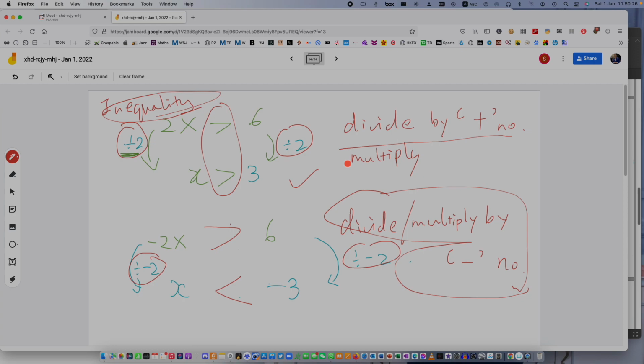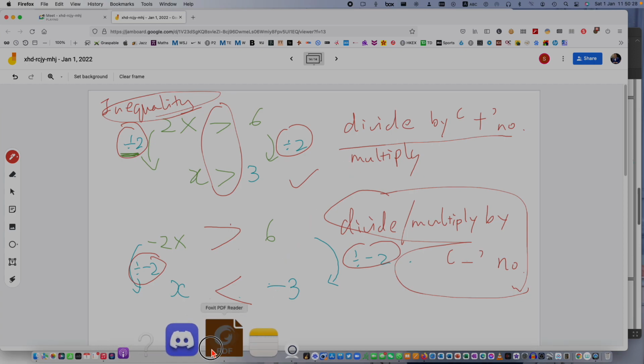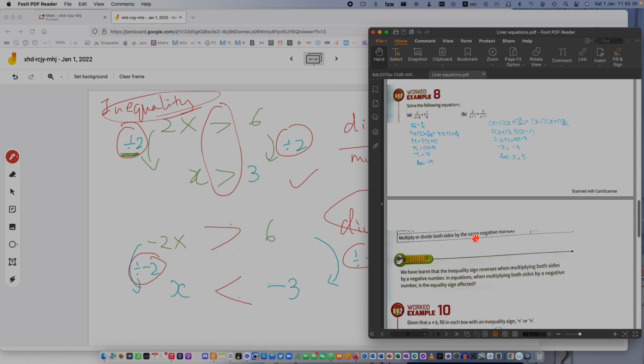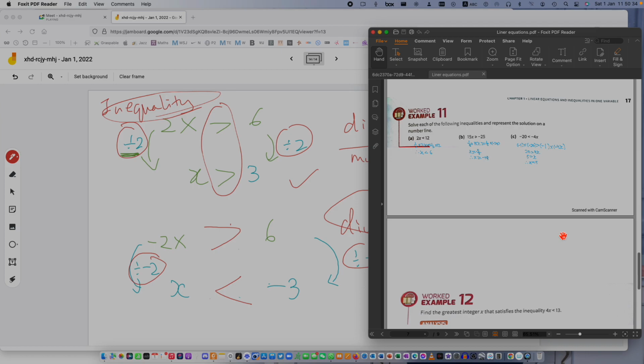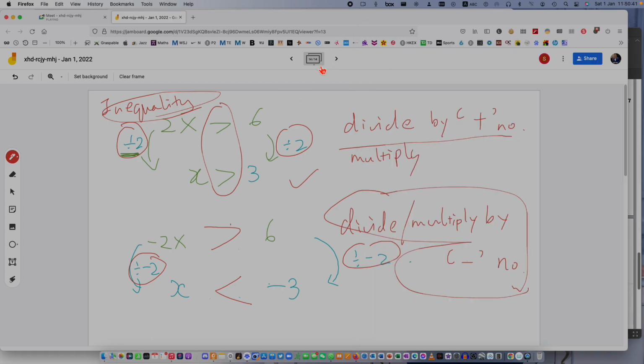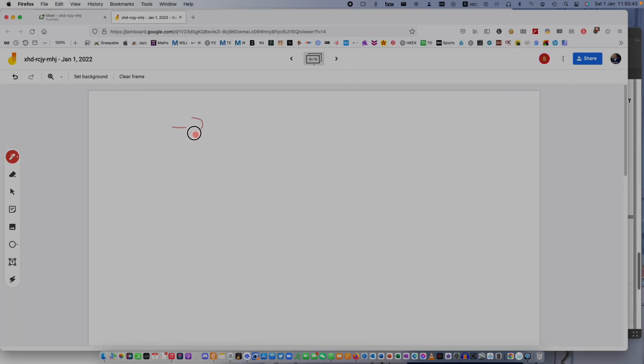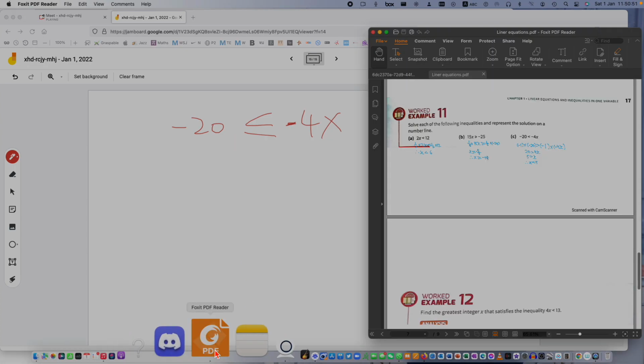Are you clear? Okay. So for your question, I see that you made some mistakes, which is here. You have minus 20, smaller or equal to 4x. Let me double check the question. Yes.